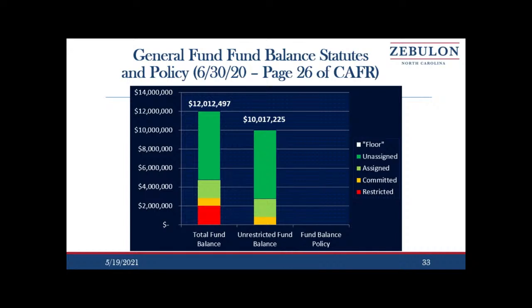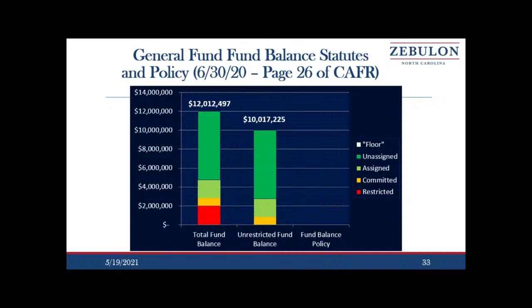To give you that exact number, that yellow portion is about $828,000. The assigned portion is the lighter green. That's the $1.9 million that was appropriated in the FY21 original budget. And then the unassigned portion is free of any other restrictions or commitments.